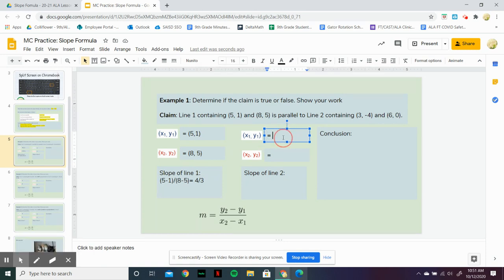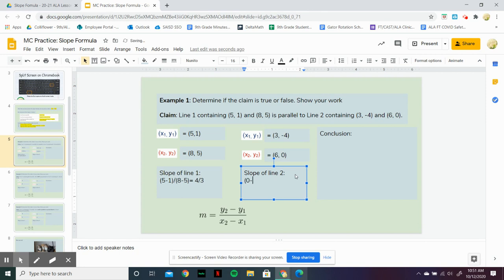Now for line 2, I'm going to say that the point (3, -4) is x1, y1, and the point (6, 0) is x2, y2. Now I'm going to find the slope of line 2.